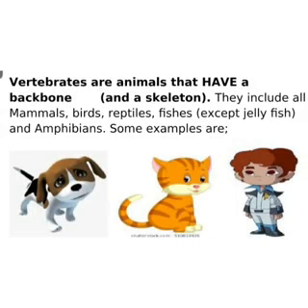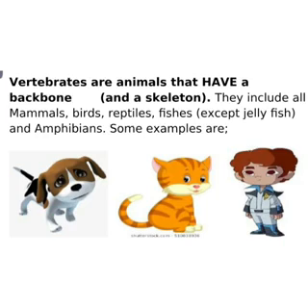Now, we're going to be talking about another way we classify living things, or another way we classify animals. Animals can be divided into vertebrates and invertebrates. What are vertebrates, you may ask? Vertebrates are animals that have a backbone and a skeleton.